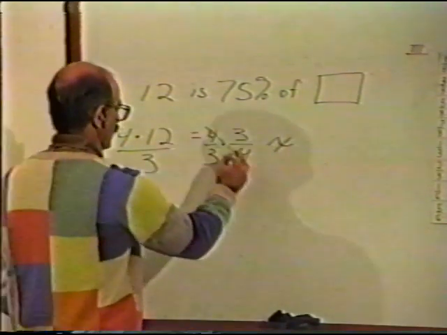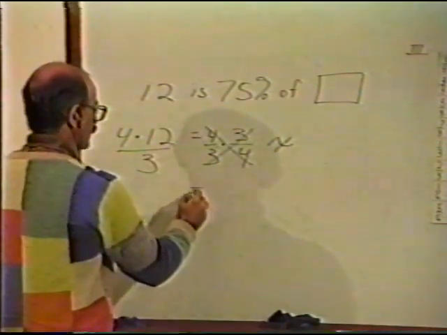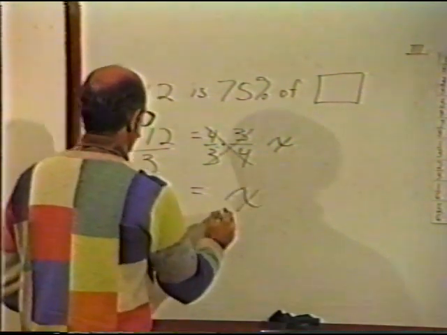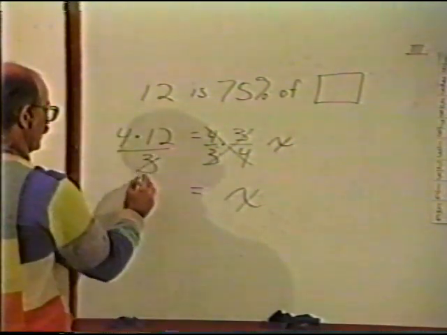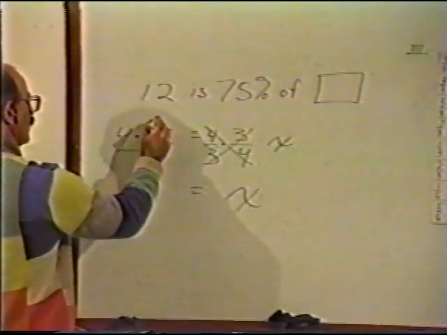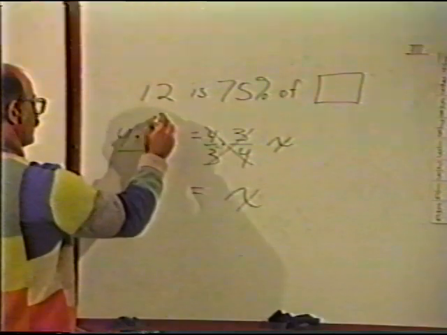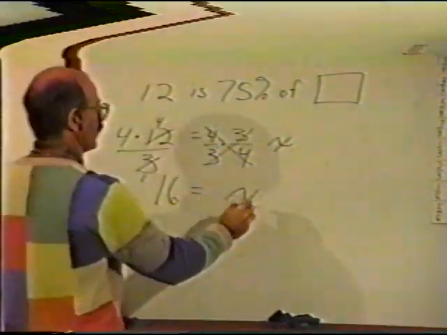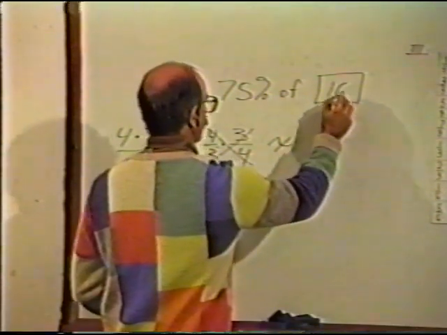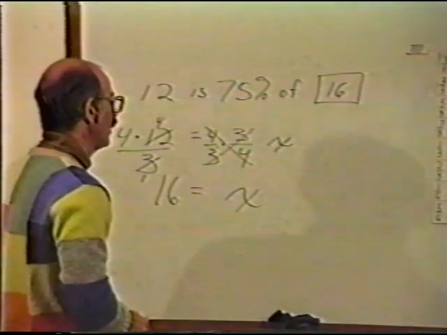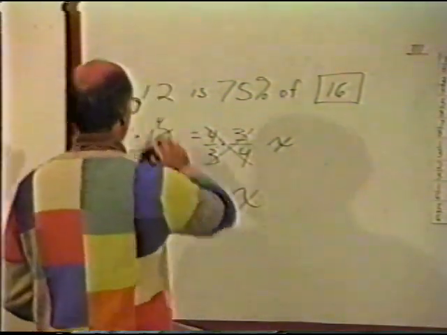These cancel away, and on this side we have just plain x. 3 into 3 is 1. 3 into 12 is 4. 4 times 4 is 16. 16 equals x. 12 is 75% of 16.